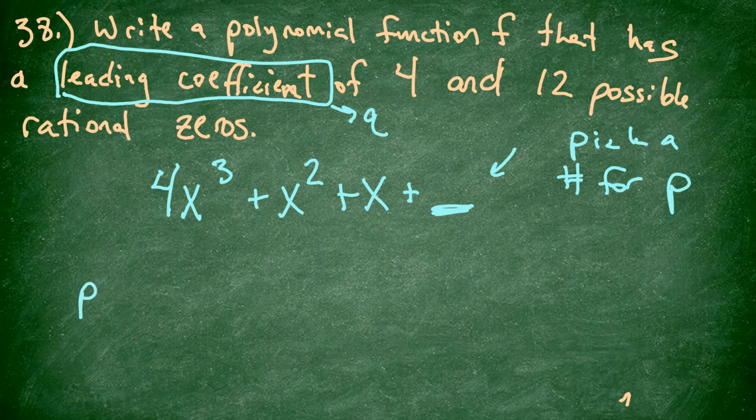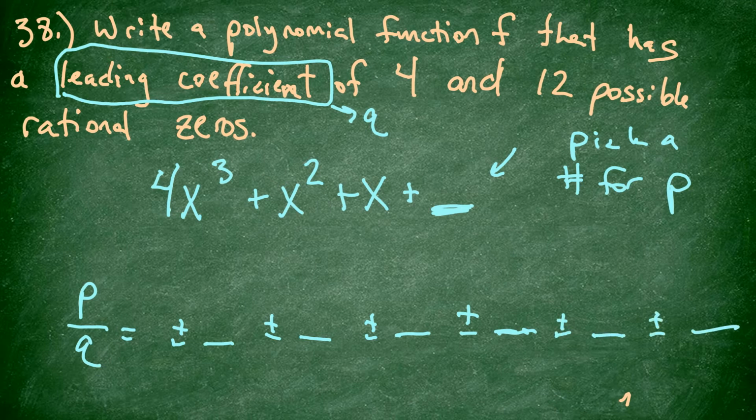We want p over q to be plus or minus one answer, plus or minus another answer, plus or minus... we want 6 blanks filled in because these 6 blanks are going to each be worth 2 zeros.